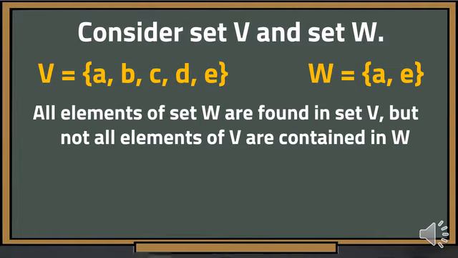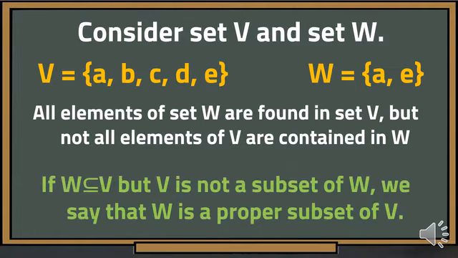Wala namang po B, C, and D sa W. Now, if W is a subset of V, but V is not a subset of W, we say that W is a proper subset of V.